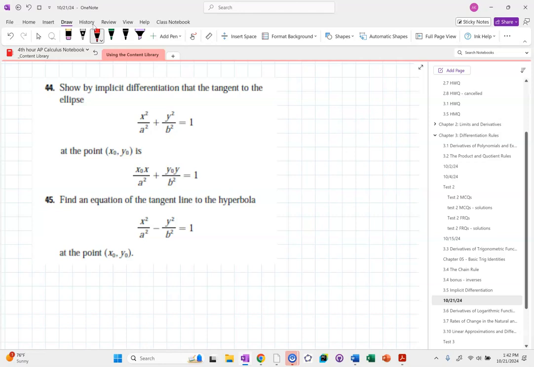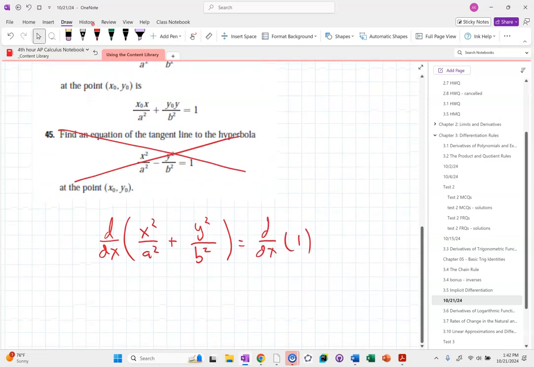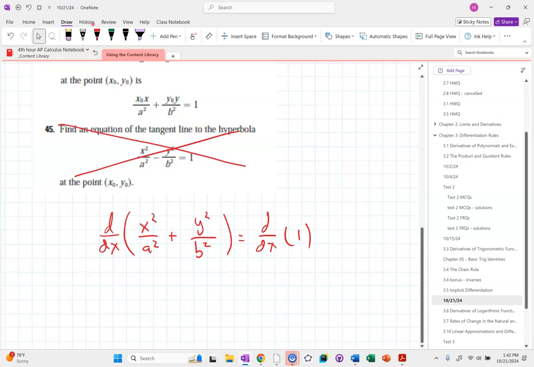Oh, I took too many things. We're not doing this. All right, so let's start with the implicit differentiation. So I'll do the derivative of each side. Remember here that the x and the y are the only variables. The a and the b's are constants, right?